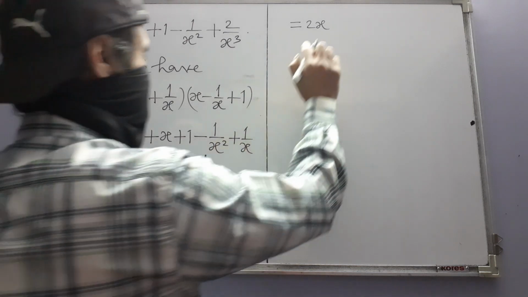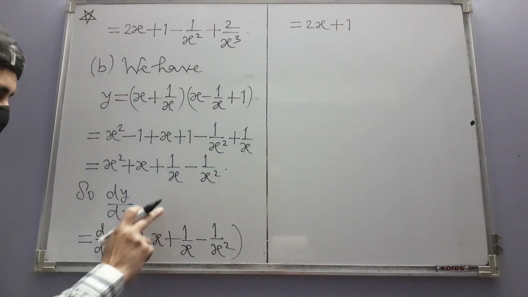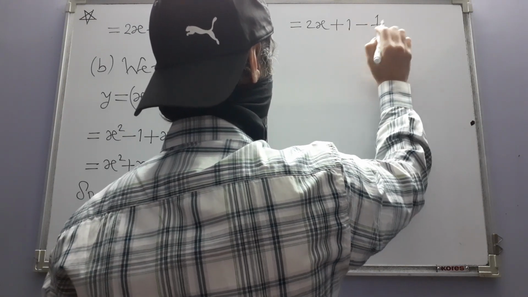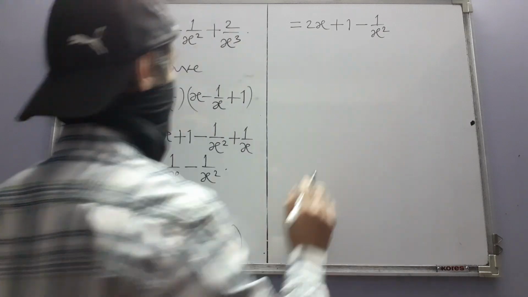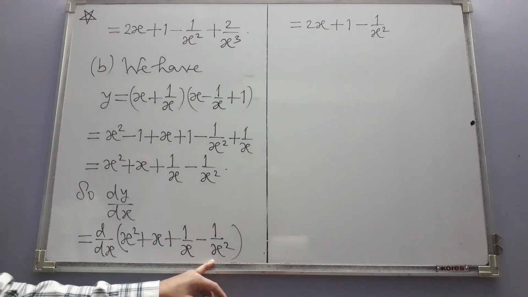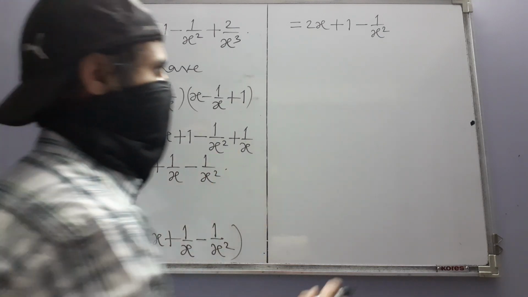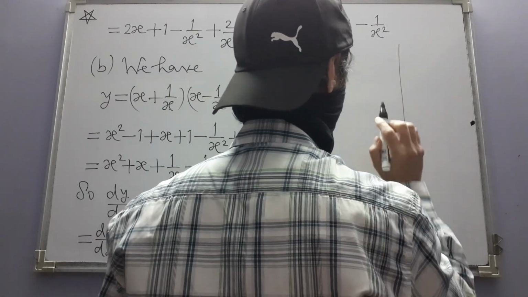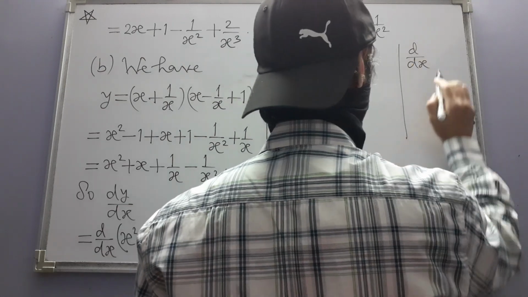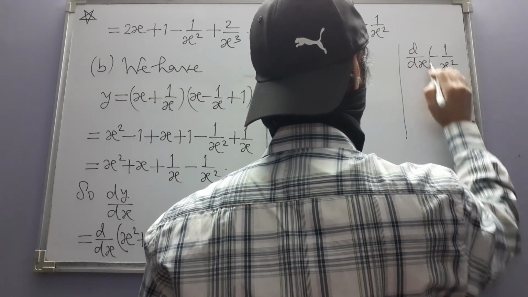Differentiating x gives us 1. 1 over x, when you differentiate, you get minus 1 over x square. But what about this? We haven't seen this. So let me show it here. Originally it's minus 1 over x square.